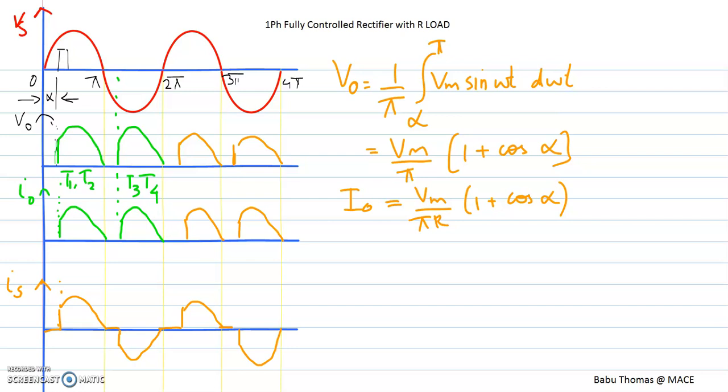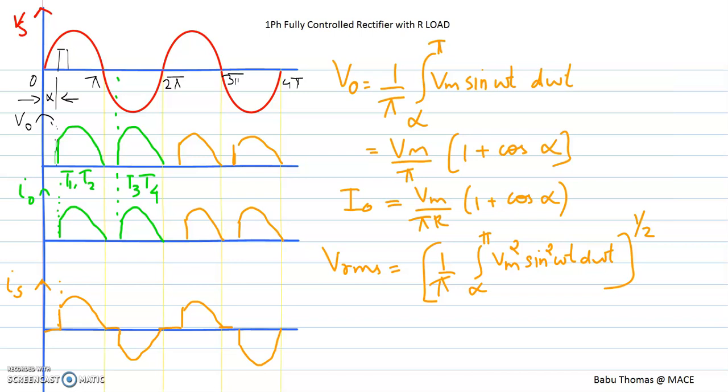And Vrms is given by root of the mean of the square of the individual values. So it is 1 by pi integral alpha to pi Vm square sin square omega t d omega t, all raised to 1 by 2.